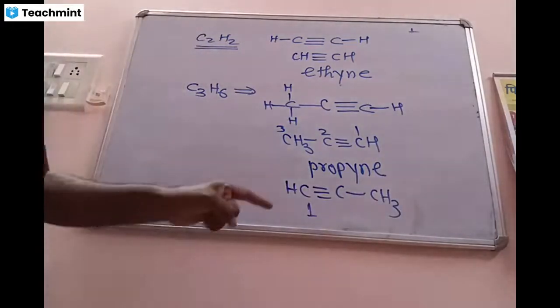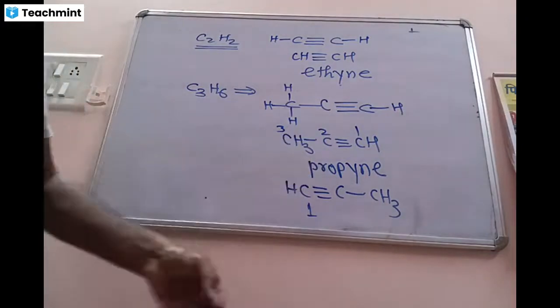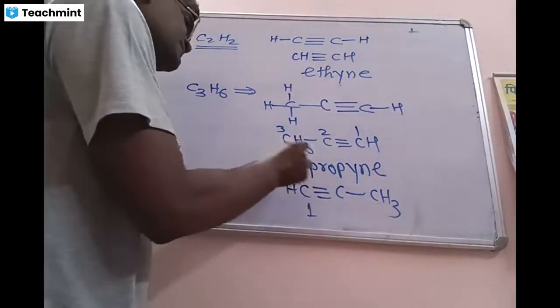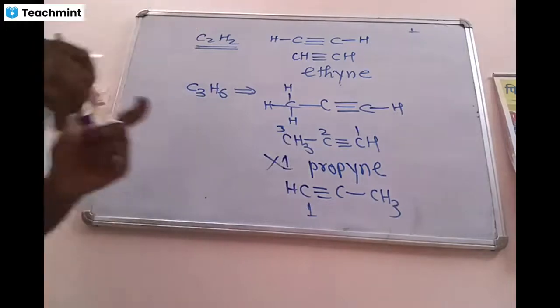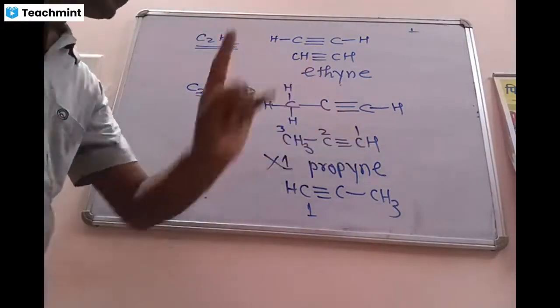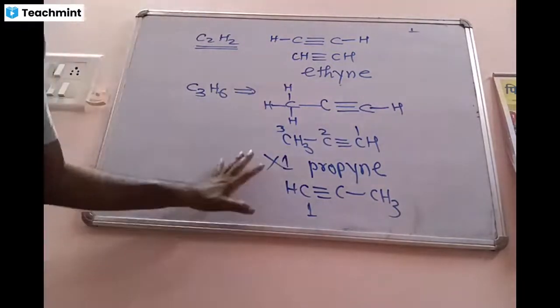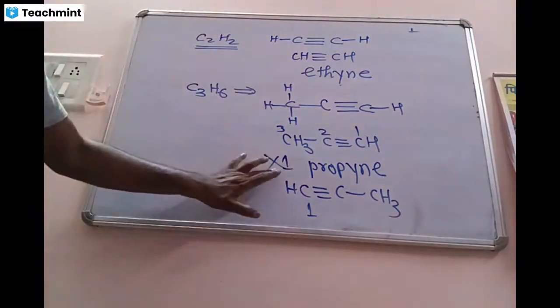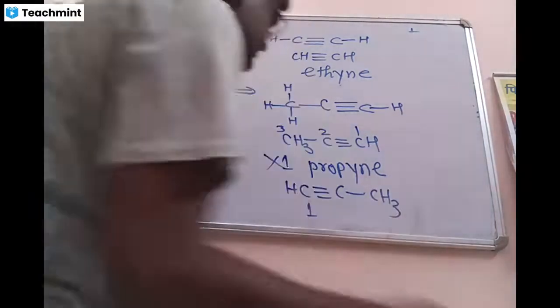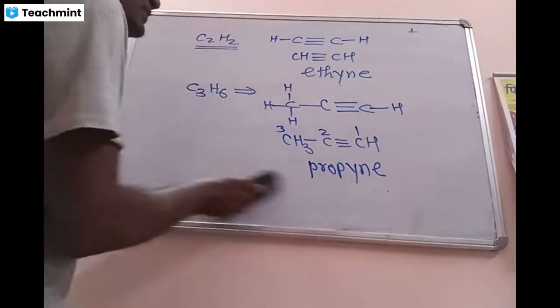Is there any other possibility of position? No. So this is just propyne. You don't have to write 1-propyne, there is no need, because if you number from either end, there is only one possibility. So here also there is no need for the position of the triple bond.